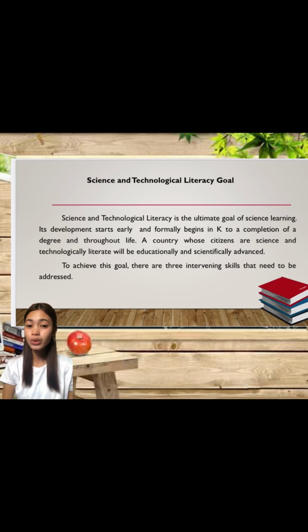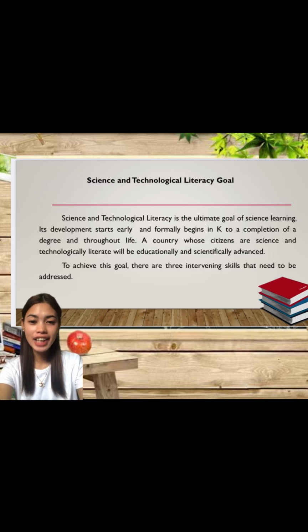To achieve this goal, there are three intervening skills that need to be addressed. The science framework identifies three essential intervening skills or components that must be addressed to develop scientifically and technologically literate citizens.